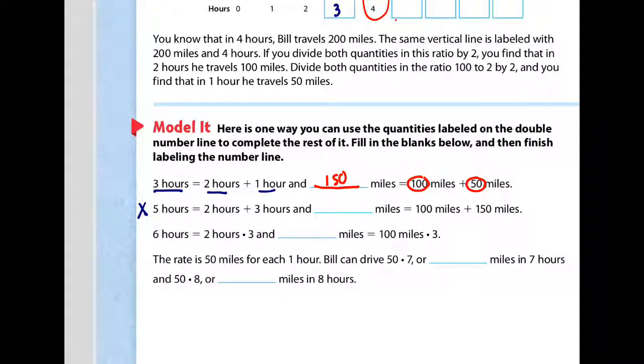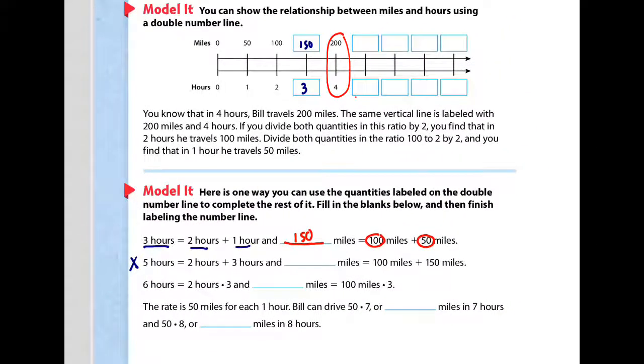It says 5 hours is 2 hours plus 3 hours. Yeah, makes sense. Okay, so blank miles is 100 miles plus 150 miles. So what I want you to do is pause the video, figure out what this blank is, and write those numbers somewhere up on your double number line. Pause it, do just that one, and restart it. Go.